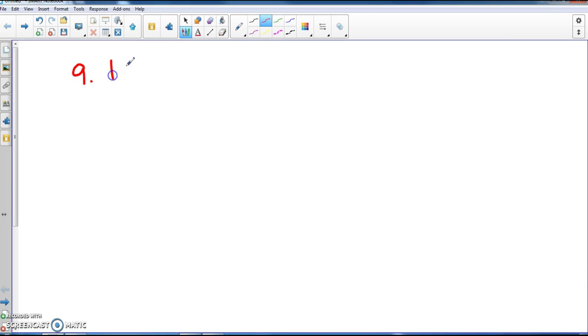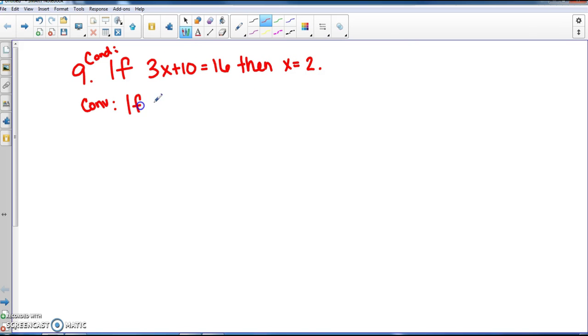So on number 9, for the conditional, the if-then: if 3x plus 10 equals 16, then x equals 2. Now the converse: you switch the hypothesis and conclusion. So if x equals 2, then 3x plus 10 equals 16.